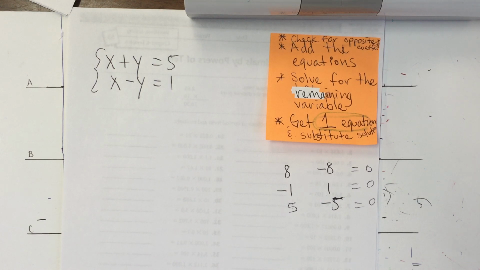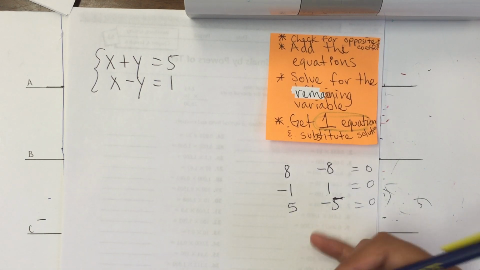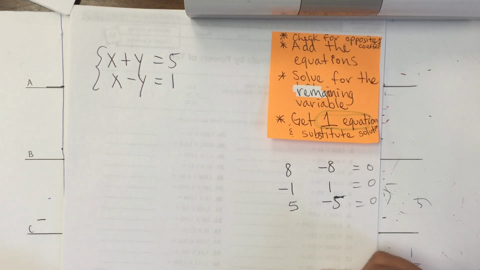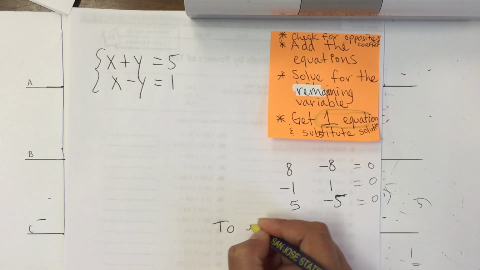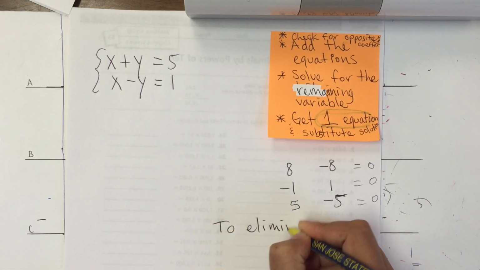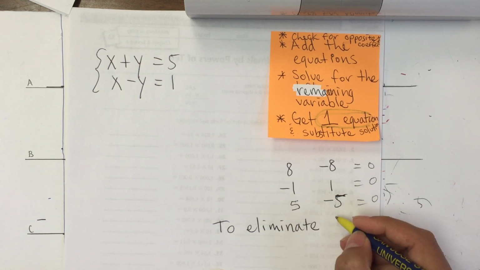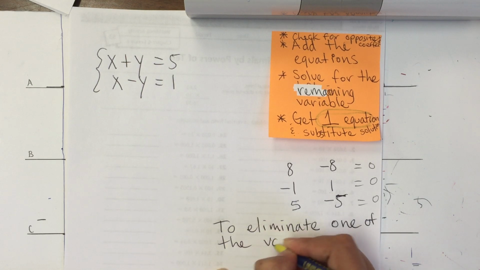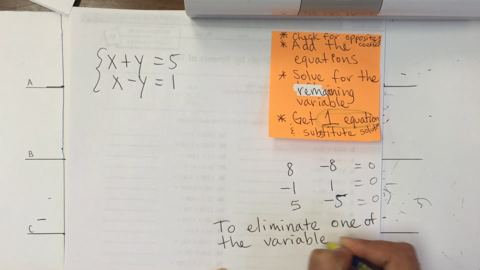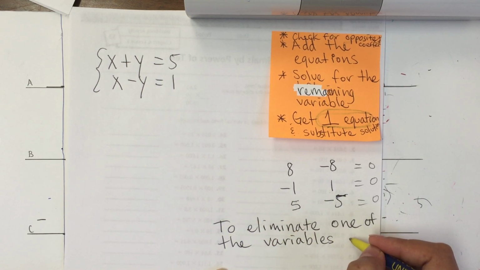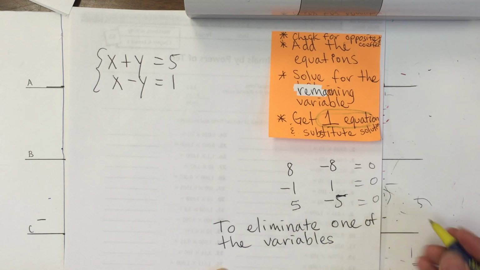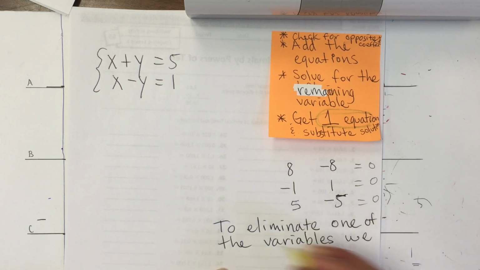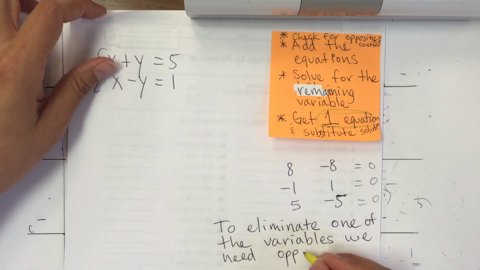Let me put a little note in here. To eliminate one of the variables, we need to have opposite coefficients.